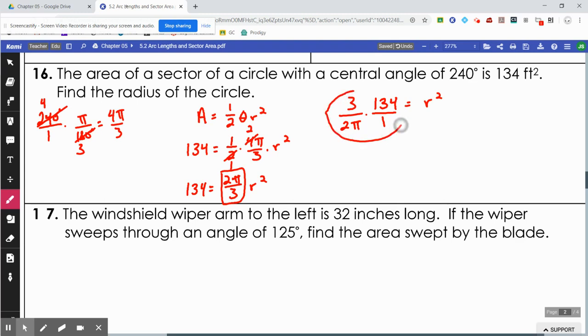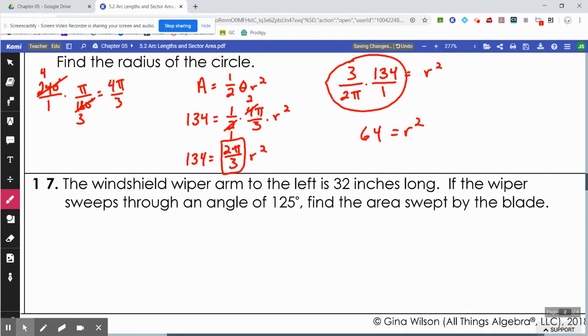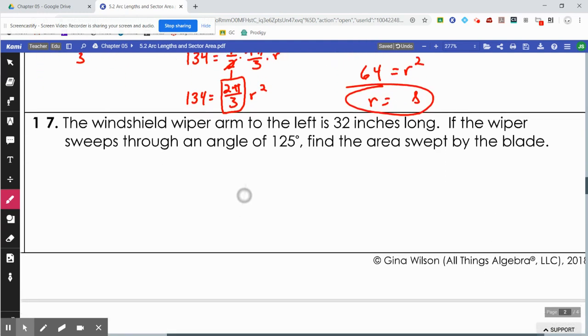When you type 3 times 134 divided by 2 pi, you're going to get right at 64. I think it's actually like 63.9899, something like that, is equal to r squared. Now to get rid of a square, we simply square root, and we get plus and minus 8. However, since we're talking about the radius of a circle, we can throw away the minus. So the radius is 8.